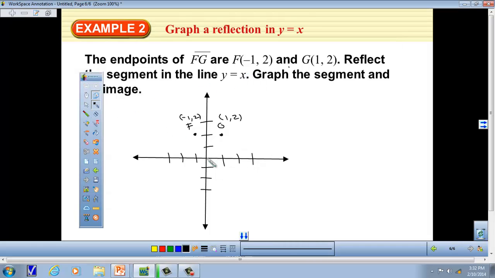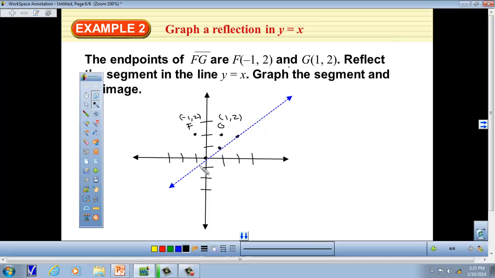So in this case, 0, 0 is a point on that line, 1, 1 is a point on that line because y equals x. 2, 2 is a point on that line, etc. So if I was to graph this, I'm just going to graph it with a dashed line, it would look something like that. Okay? That's the line y equals x.